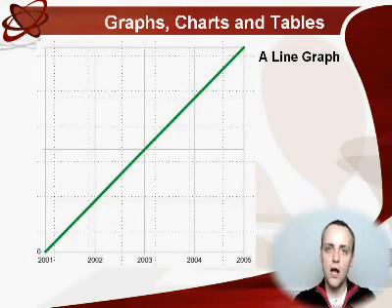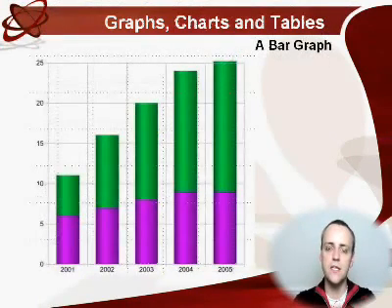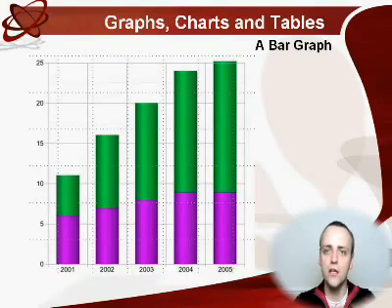Another type of question you might have to describe is information which is presented in a bar graph. And this is an example of a bar graph. You can see 5 different bars in this graph. In this particular one you can also see that there are 2 colours in the graph.